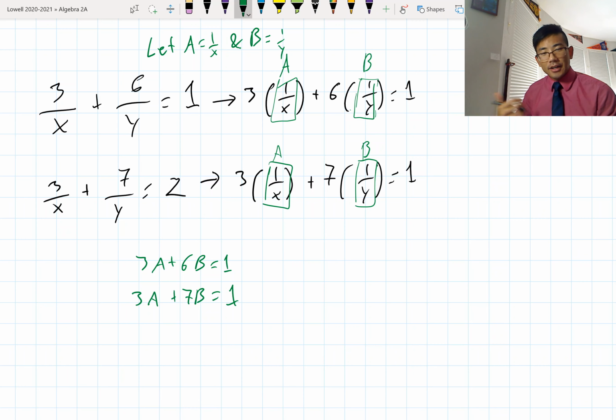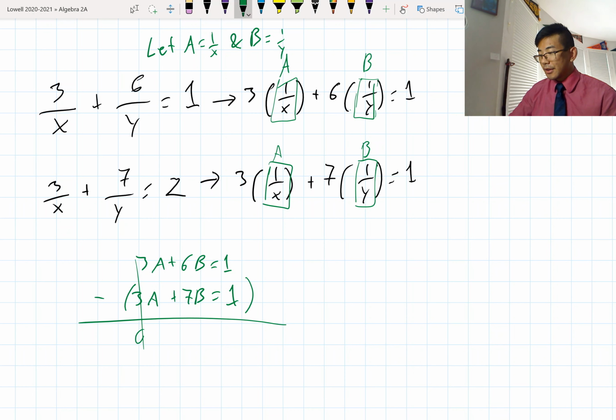Depending on how you want to go about it, you could just subtract these 2 equations right now, or you can flip one to make it negative and then add them. But I'm just going to subtract them, because just like how we can add the same number to both sides, we can subtract from both sides. So 3a minus 3a is just 0. Now we can see we eliminated one of our variables. 6 minus 7 is negative 1b.